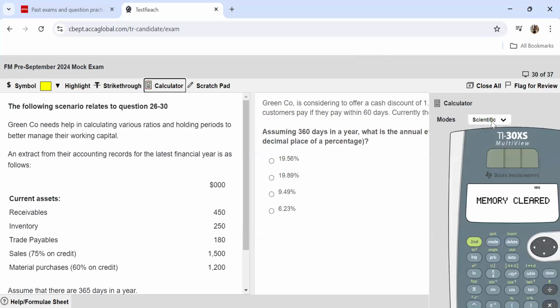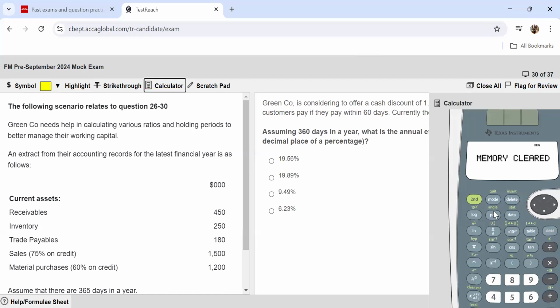We have a very simple formula for this one. You take 1 plus the discount divided by the amount remaining. So opening brackets, 1 plus the amount of discount that we are giving is 1.5%. So 1.5 divided by the remaining amount, which is 98.5. So this is what you have so far.